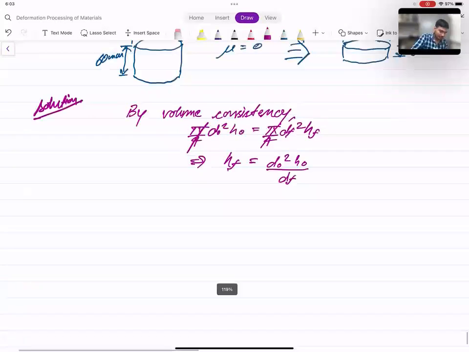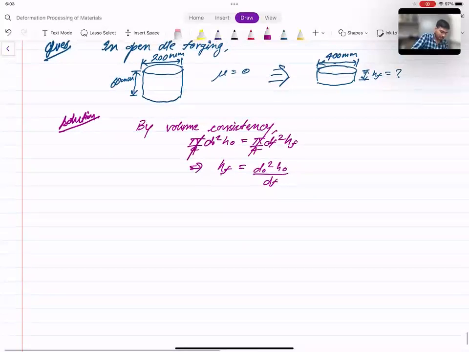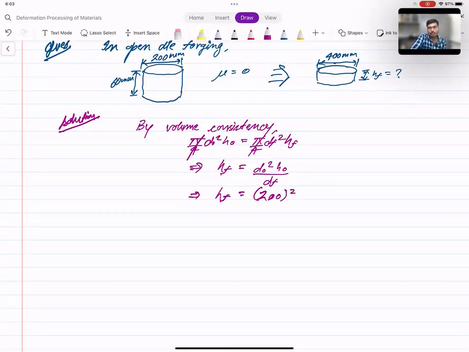This was 200 square. Everything is in mm, so let us keep it as it is without changing the units, so we get the height also in mm. This was h naught 60, and this becomes 400 square.